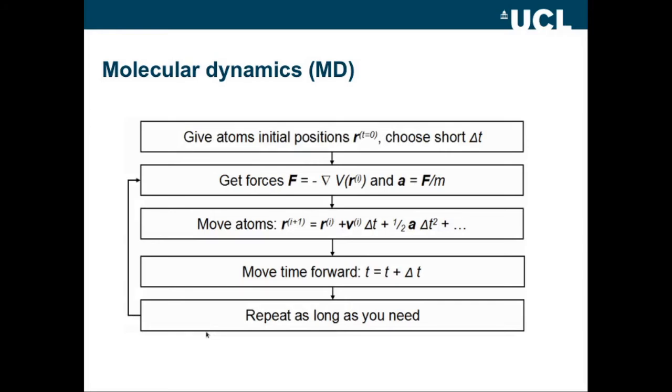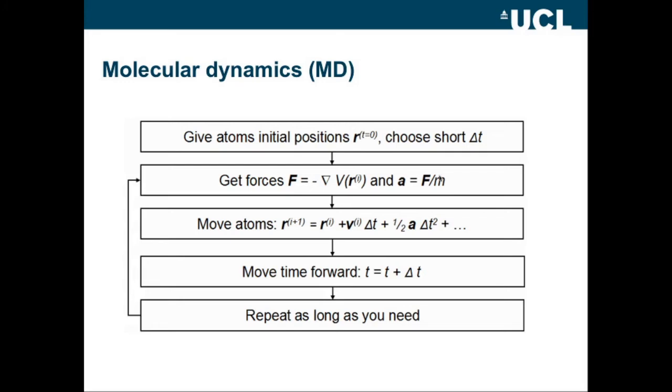So what we can do with molecular dynamics is give the atoms all some initial position, which would come typically from a crystal structure, and choose some short time step, usually on the femtosecond time scale. We can then, using the sorts of equations that we've talked about, calculate all the forces on all of the atoms.